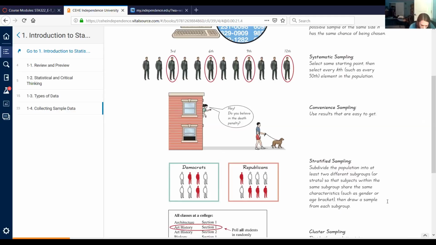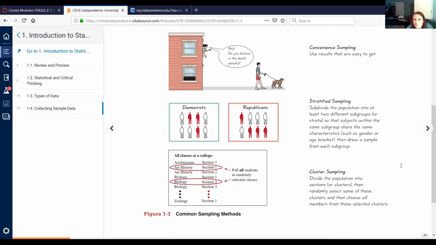Walking in, there are people standing out there asking us as we go by if we would please participate. And the answer is, some people do, some of us don't. So that's convenience sampling. And again, you're likely to only get people that are particularly wanting to be a part of it.